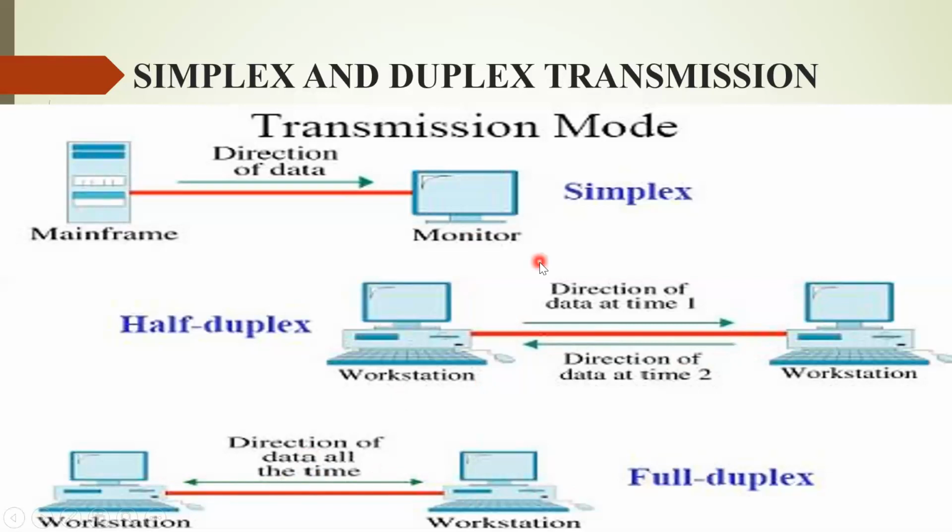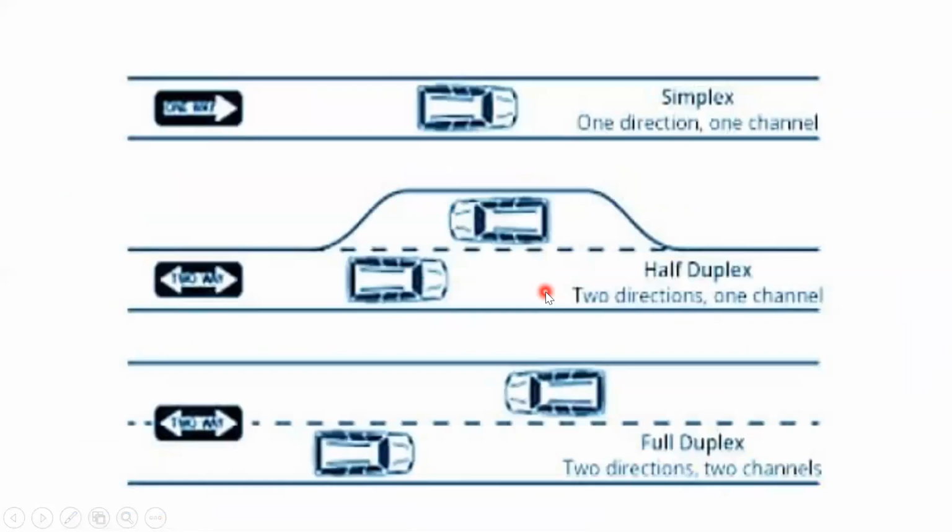To make this concept simpler, that is simplex and duplex, I would like to give a simple example from day-to-day life, that is the movement of vehicles. In simplex, you have one channel and the movement of vehicles is in one direction. This is simplex transmission.